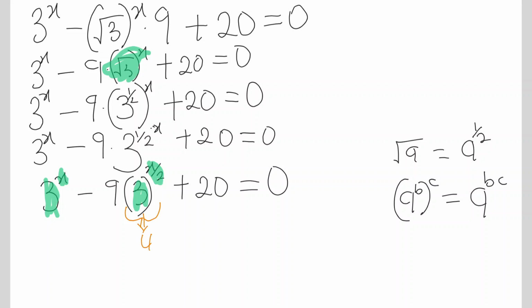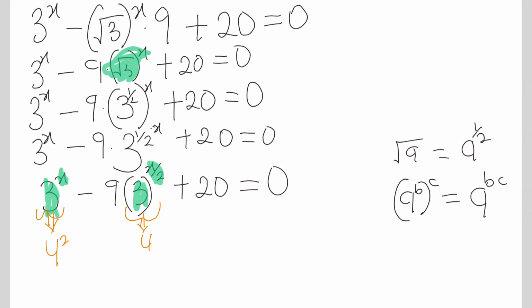And if this is equal to u, it means 3 raised to the power of x will be equal to u squared. You can prove it. Now I have 3 raised to the power of x equal to u squared, and I have 3 raised to the power of x over 2 equal to u.